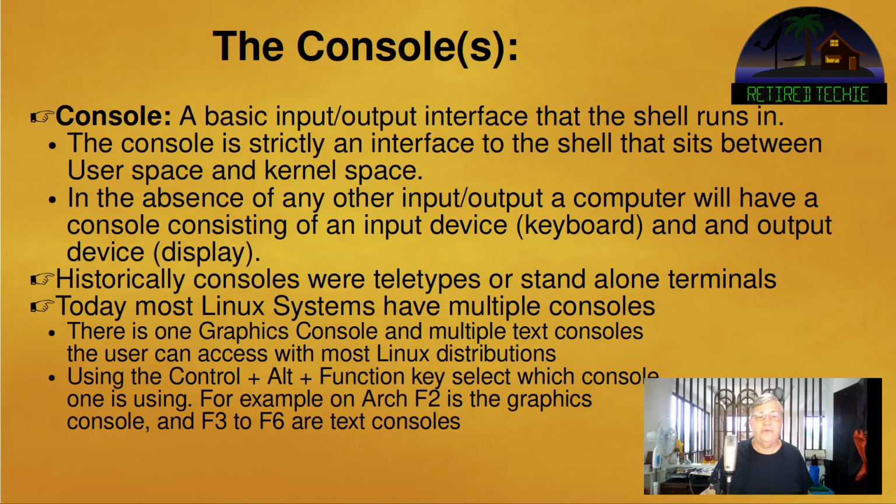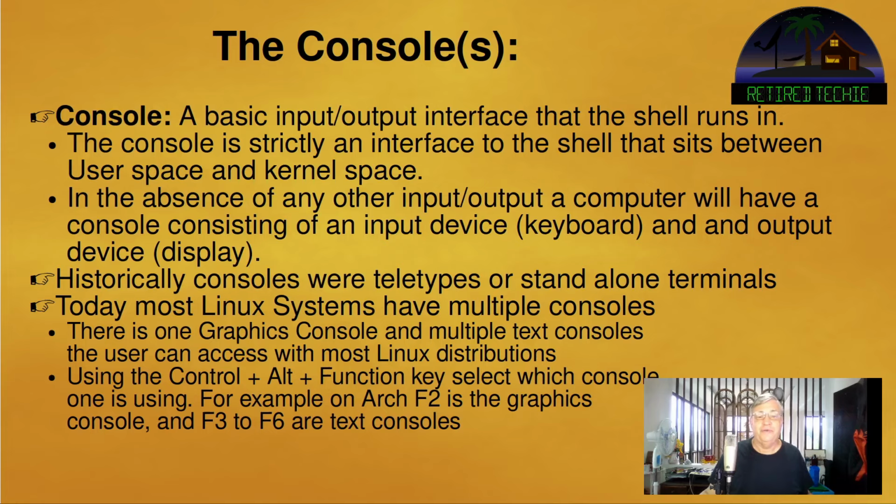In Arch, the F2 key with the Control and the Alt key will bring up the graphics interface. If you use Control-Alt F3, F4, F5, F6, these will all bring up various text interfaces. They'll be like TTY3, TTY4, TTY5, etc. This could be a very useful feature if one of your consoles, say the graphical user interface, freezes up.